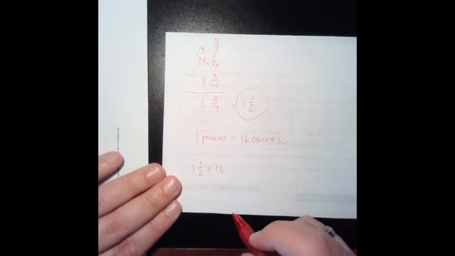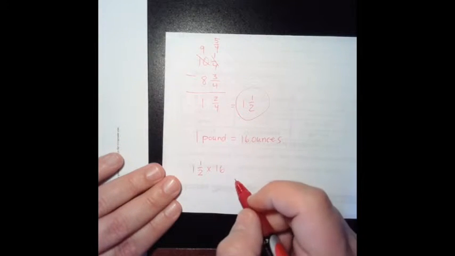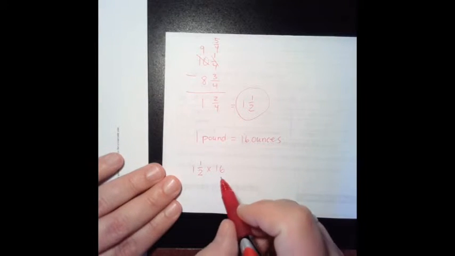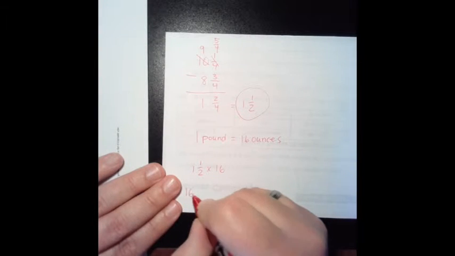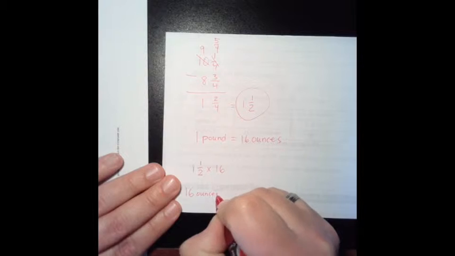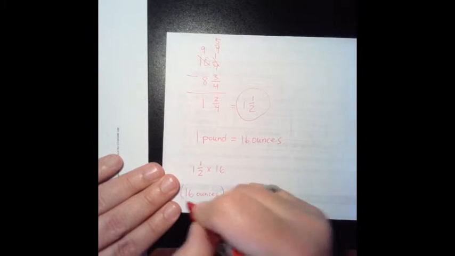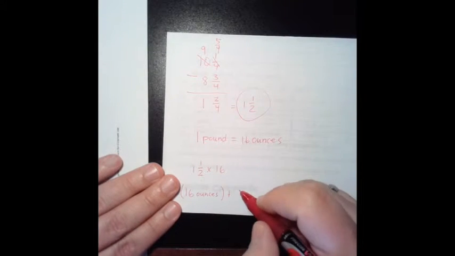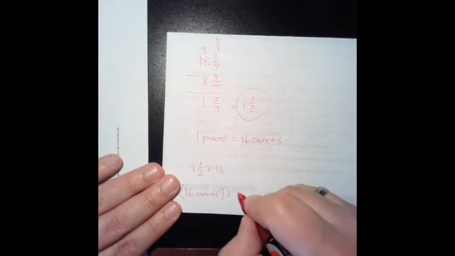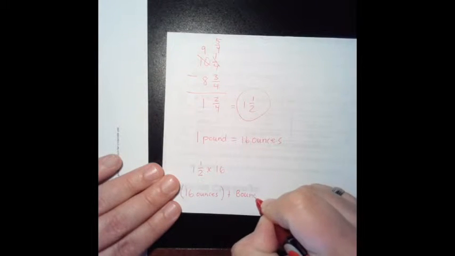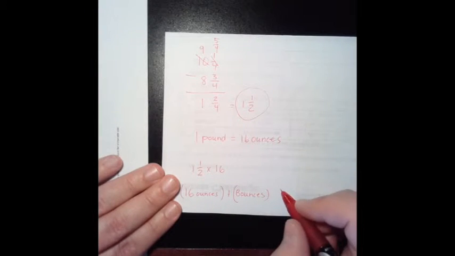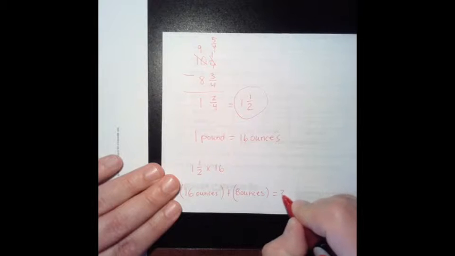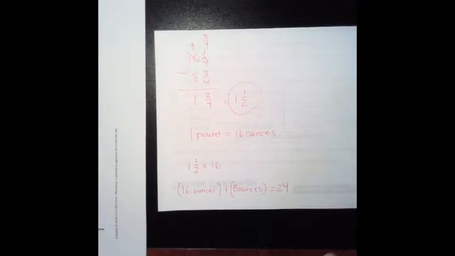Well, we can do it one of two ways. We can break it apart like we know how to do, or we could just take a look and think about what 1.5 would be. Well, 1 pound is 16 ounces, and then we can add that to the half of a pound, which if we take half of 16 would be 8 ounces. So this is 1 pound, this is half a pound, so it's 16 ounces plus 8 ounces. And that would be a total of 24 ounces.